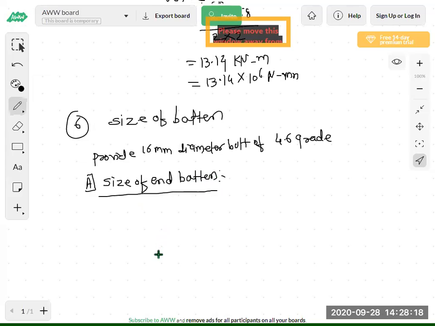Okay, in the size of end batten what we have to calculate first? See the procedure. Effective depth of end batten.